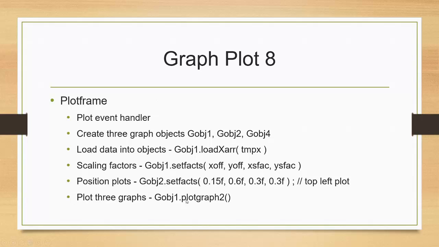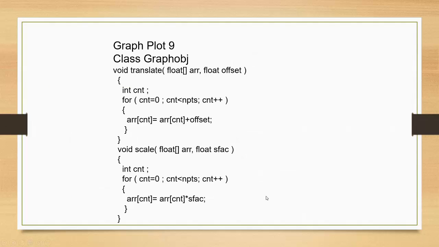And you can plot 3 graphs, and here's an example of plotting graph 1 of the 3 that are available. Here we've got the translate function, where we're adding an offset to every element in the array, and here is the scale function, where we're multiplying every element by a scaling factor. In the earlier example, this was 0.3 and that was 0.1.